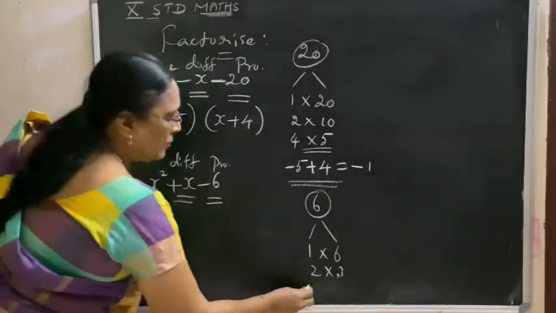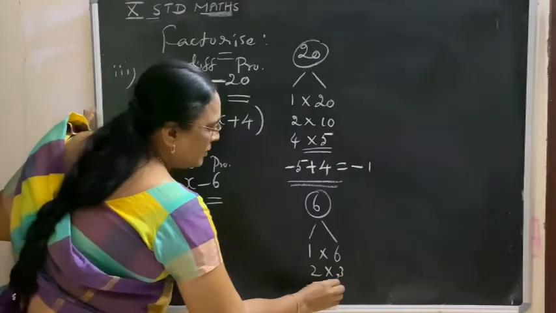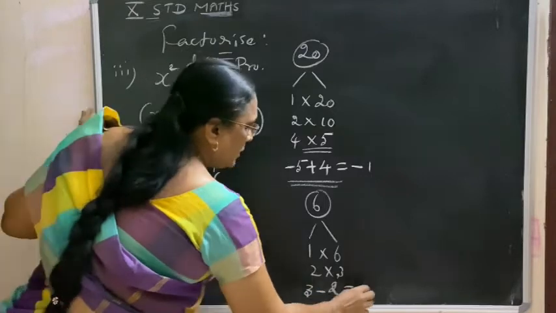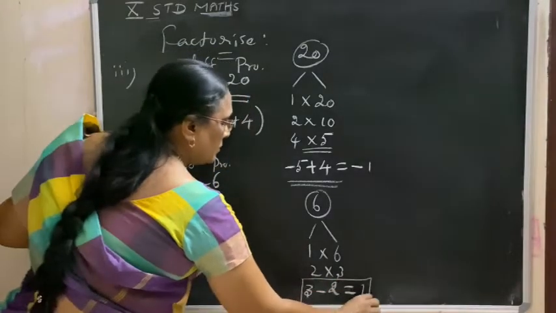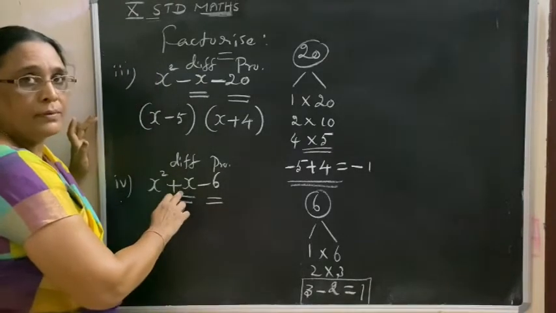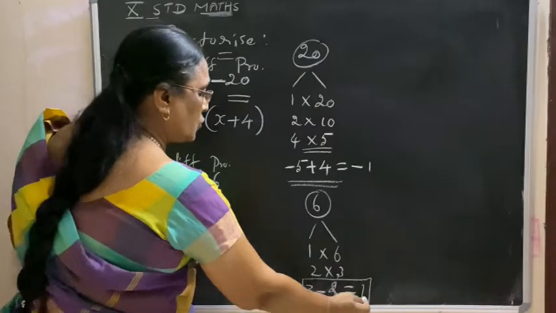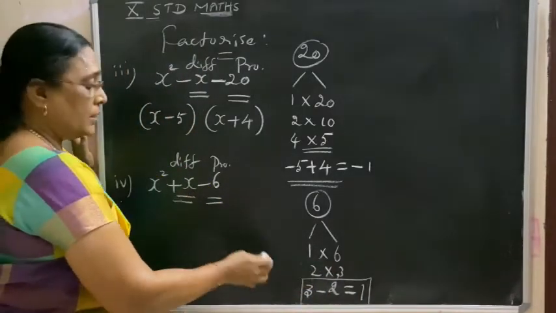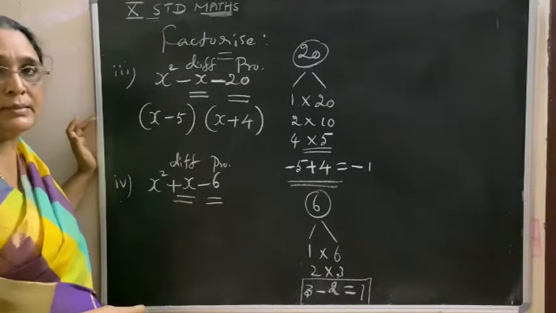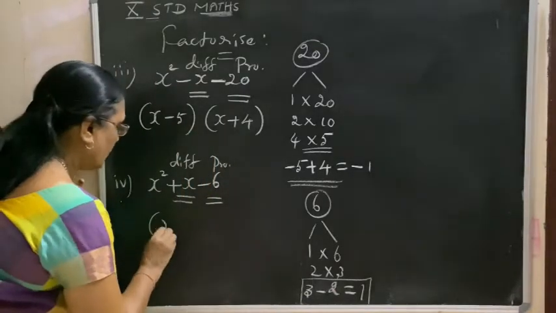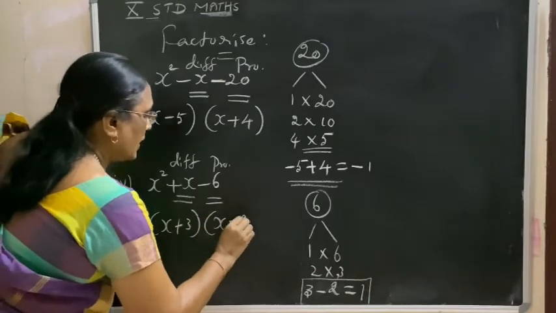Plus is given, so I am going to put plus sign for 3 and minus sign for 2. Then only I will get 1 because I need the quotient as plus 1. Right? Now if you find the difference, 3 minus 2 is 1. Yes, I got it. Now if you multiply these two, plus into minus minus, 3 2s are 6, minus 6. Right? So the factors are x plus 3 into x minus 2.